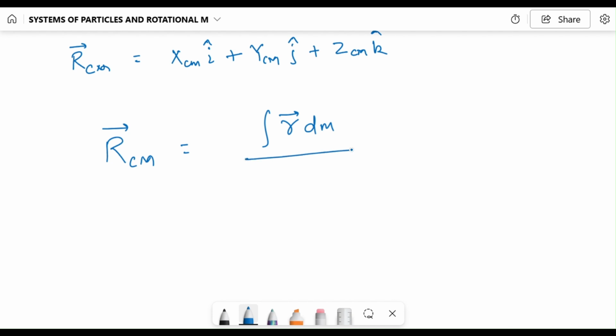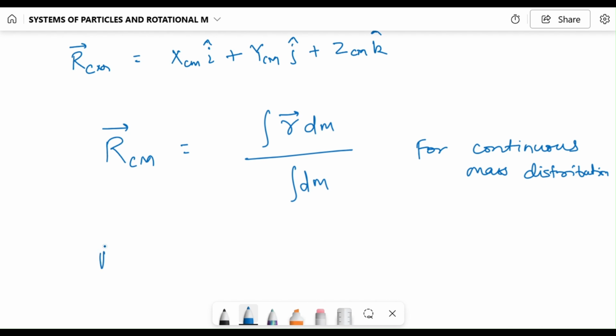Rcm, this is for a continuous mass distribution. And Rcm equals the sum over i equals 1 to n of ri mi, and not dm.